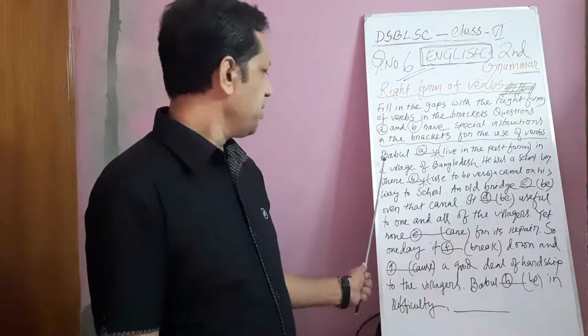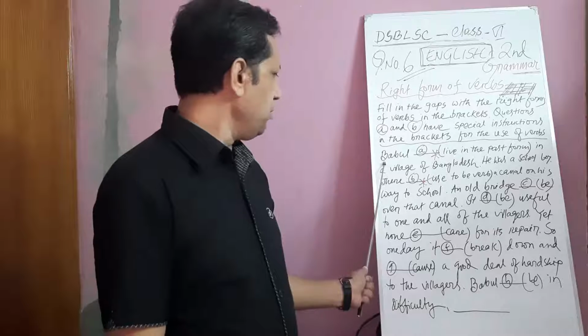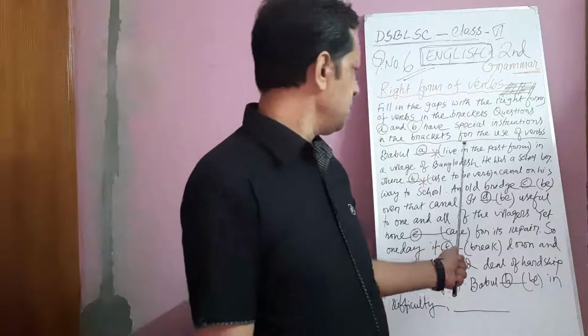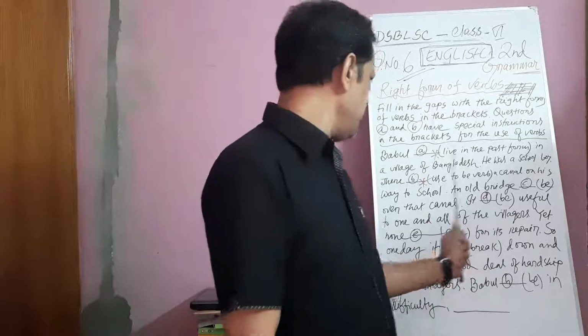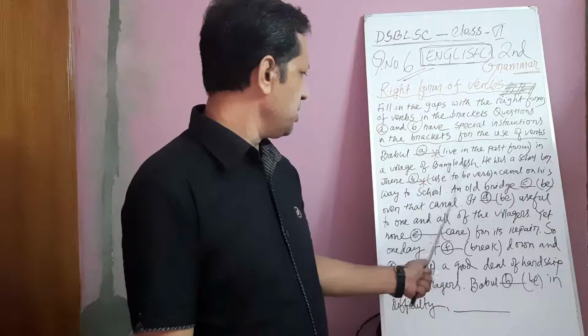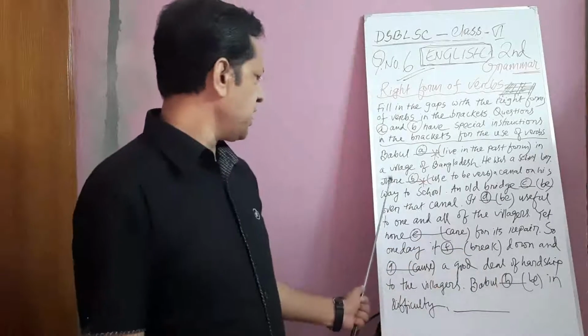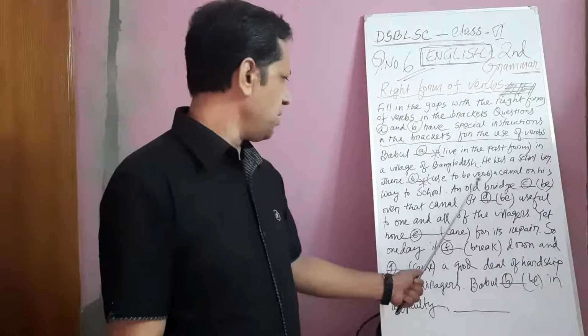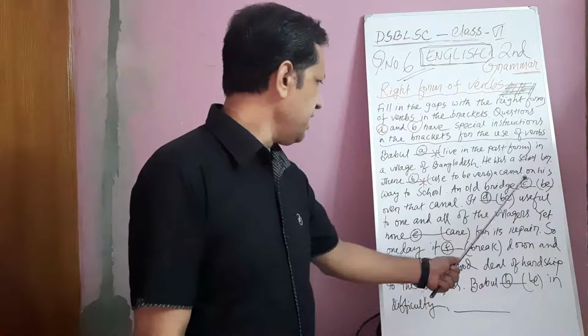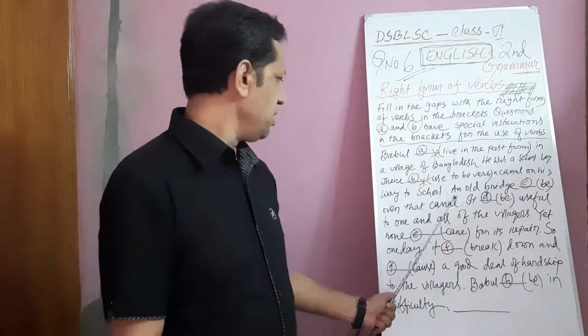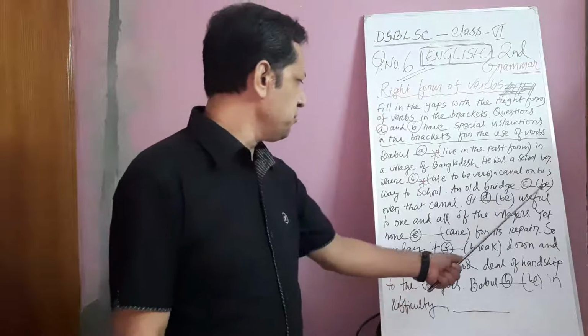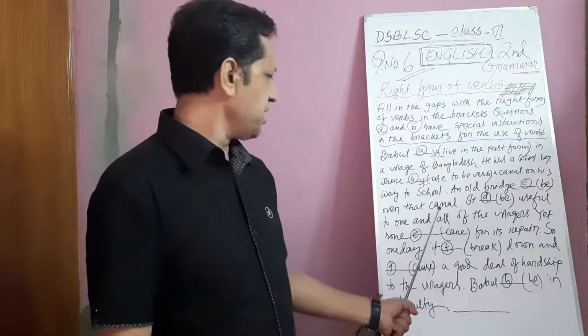So, Babul lived (past form) in a village of Bangladesh. He was a school boy. There used to be a canal on his way to school, an old bridge be over that canal.